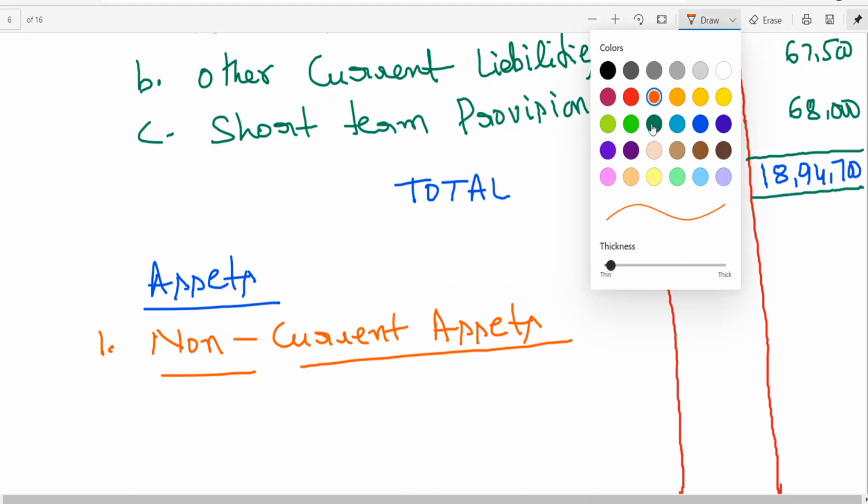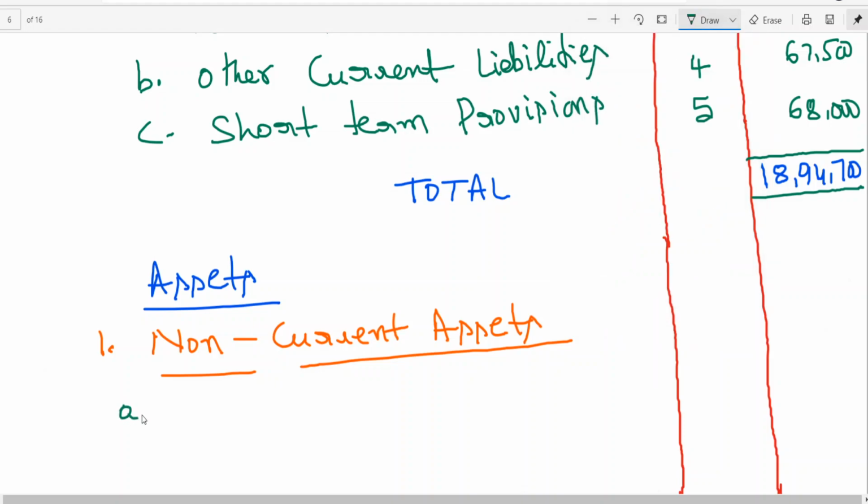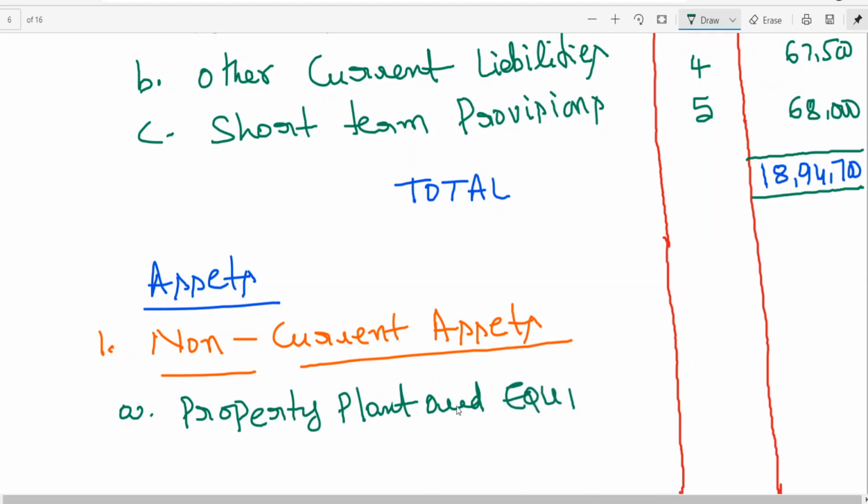Here, in this, what I am writing, A, property, plant and equipment. Previously we used to write fixed assets. Now with accounting standard 10 revised, property, plant and equipment.